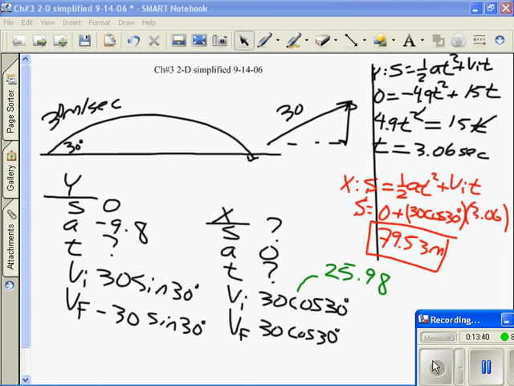Question? You get 79.50. Did you actually do 30 cosine 30 times 3.06, or did you do 25.98? And so you end up with a slightly different answer than mine. It's just a question of how many numbers we kept in the calculator. What did you put for your time? You put 3.06? Okay, when I actually worked this out for the time, I kept the numbers in my calculator.